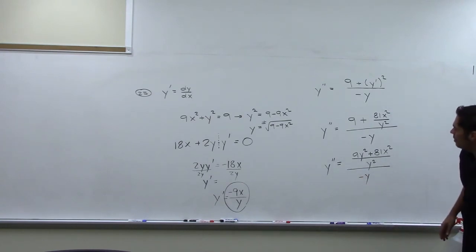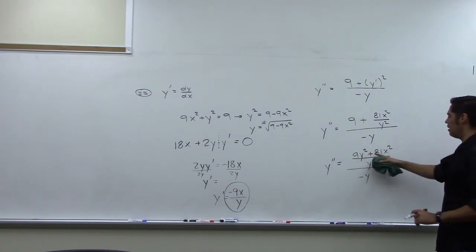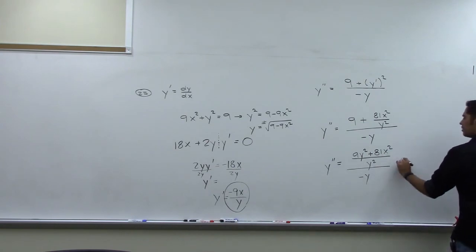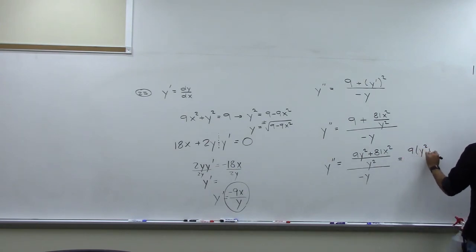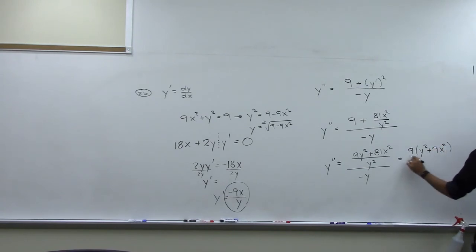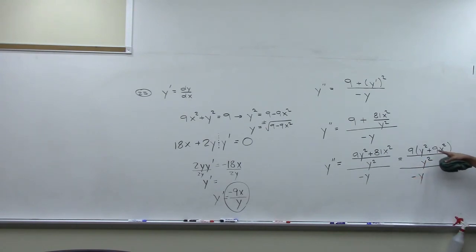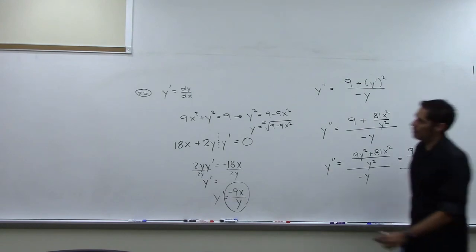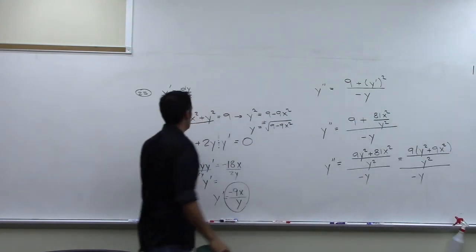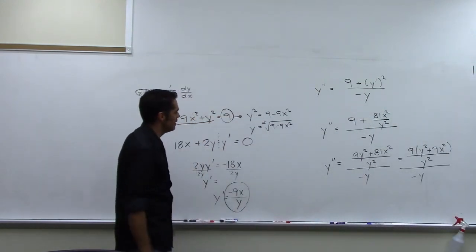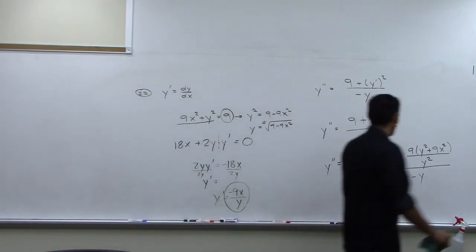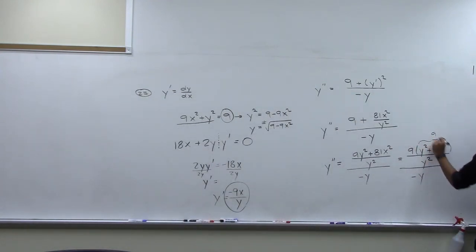And notice on the top, if I factor out a 9, it'll be 9 times y squared plus 9x squared, over y squared, and then all of that over negative y. But what is 9x squared plus y squared? It's actually 9. So this thing right here is just 9.